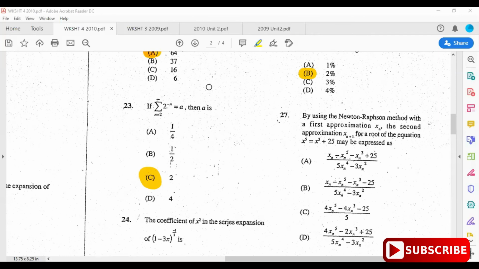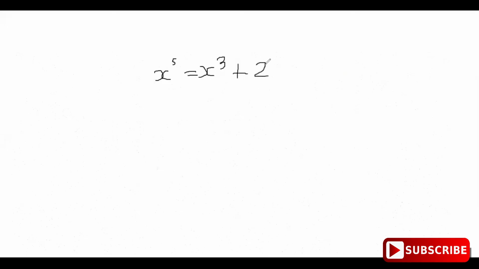Now the function has to be equal to 0 before I can use Newton-Raphson, so I can bring everything over to one side. I like when the highest power of x is positive. Minus x cubed minus 25 is equal to 0. All right, so that's what we have now.